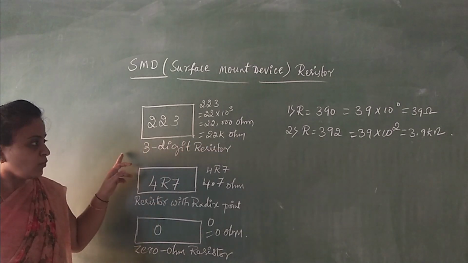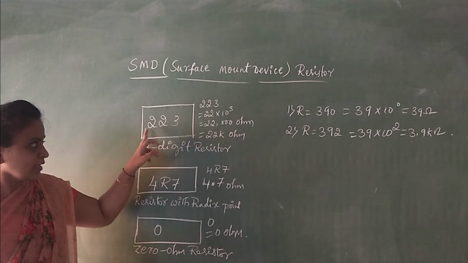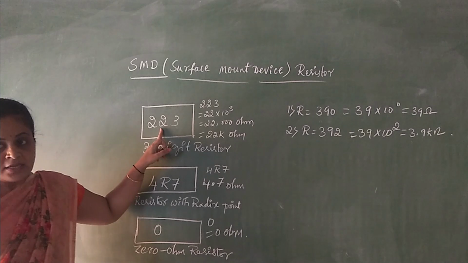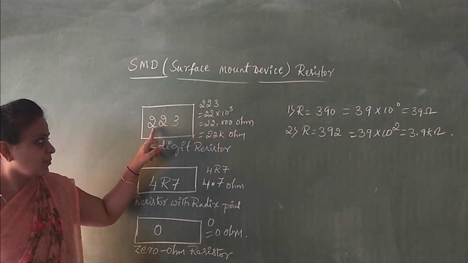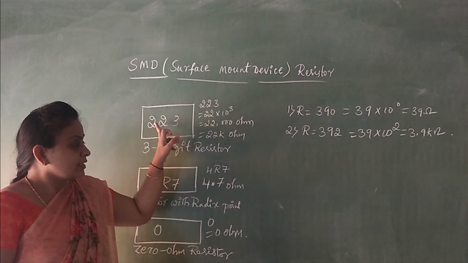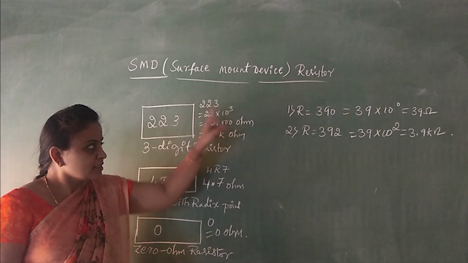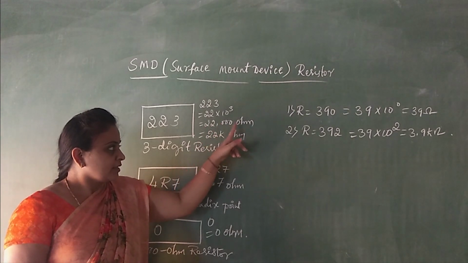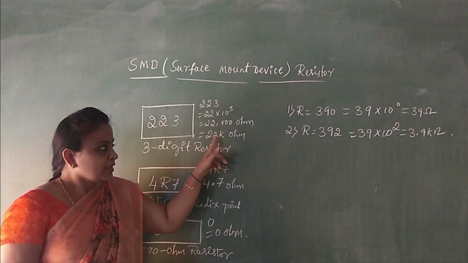We determine the value of this SMD from what is printed on the body of the SMD resistor. This is the first example: 223 indicates, the first 2 digits indicate the resistance value and the 3rd digit indicates the multiplier. So 22 followed by 3 zeros, 22,000 ohm. So we can write this as 22 kilo ohm.